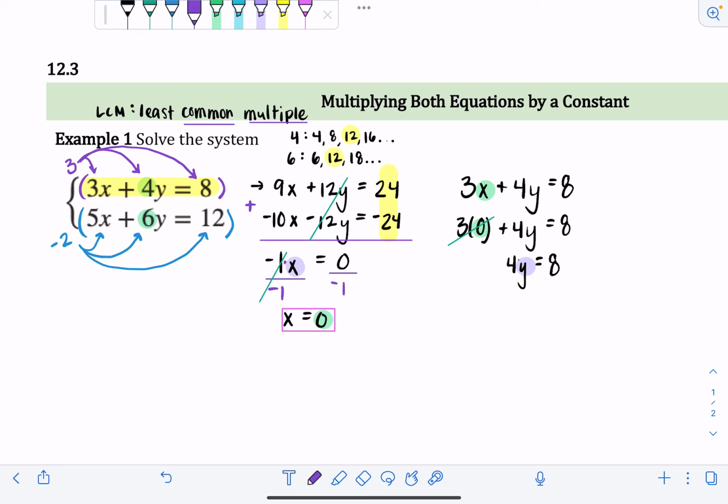Right now there's a 4 being multiplied by y, so to undo multiplying by 4, I would divide by 4. 4 divided by 4 is 1, so this is just a 1y left over, and then 8 divided by 4 is 2. So we have x equals 0 and y equals 2 as our final answer. We just want to write it as a point, 0 for x, 2 for y.